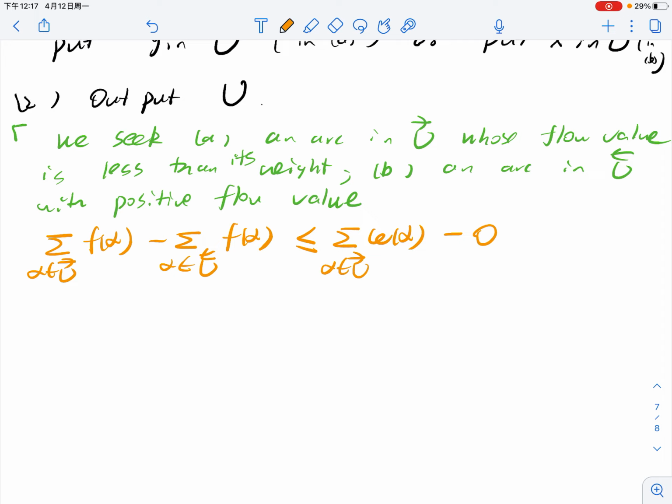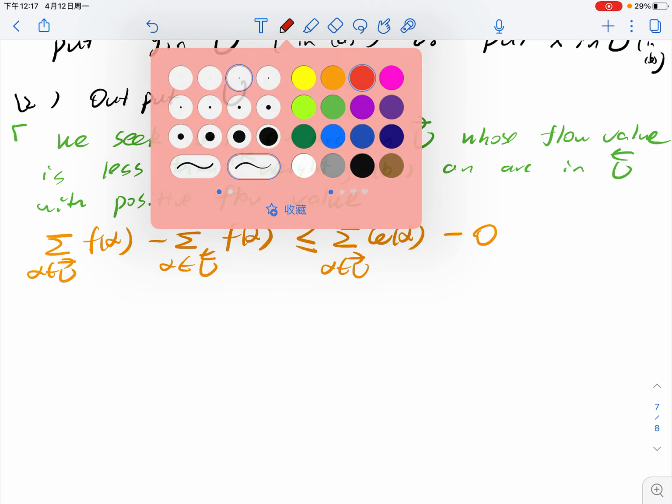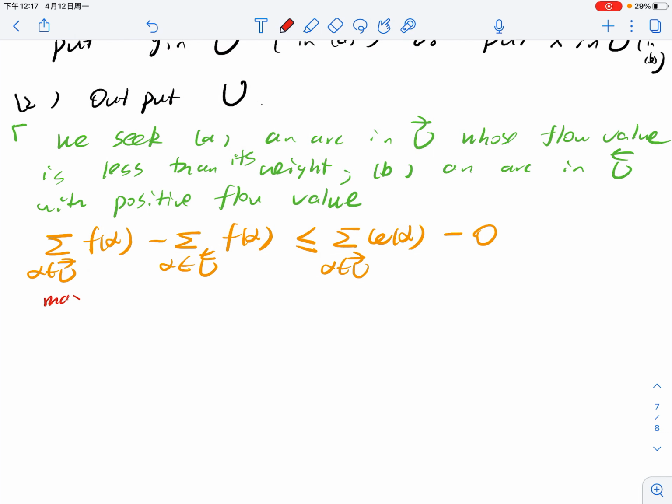Okay, so here we want to approximate the left-hand side by the right-hand side. In other words, we want to maximize the left-hand side and then minimize the second quantity in the right-hand side, so that this is an equal sign. So this is the idea.